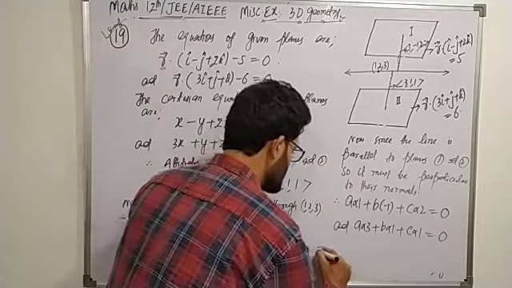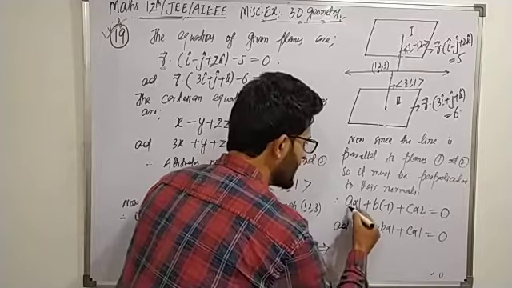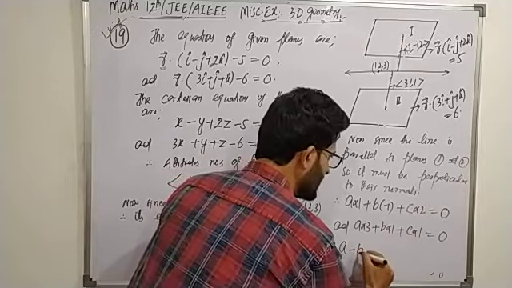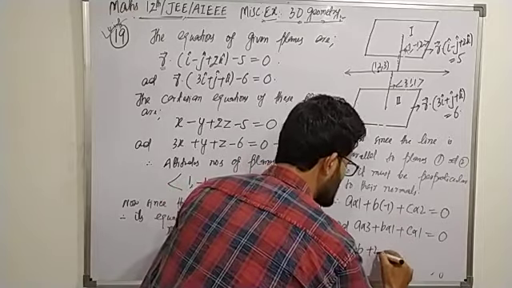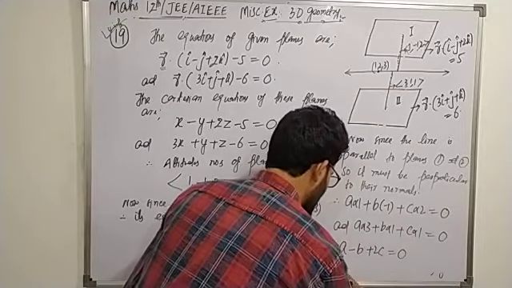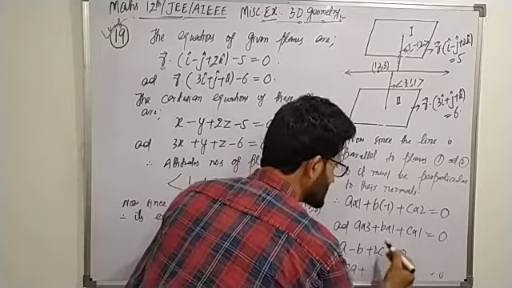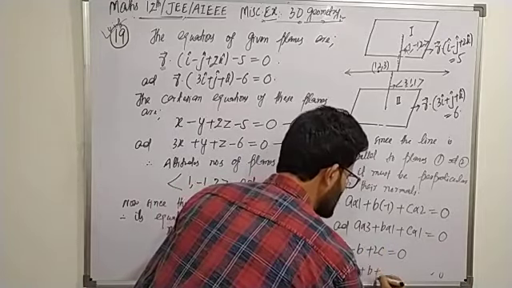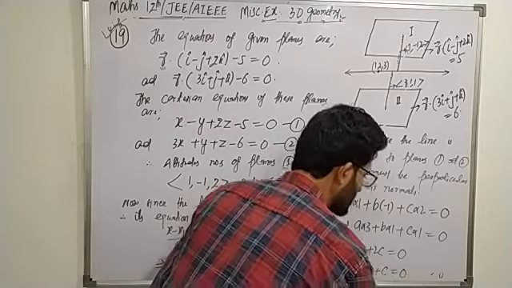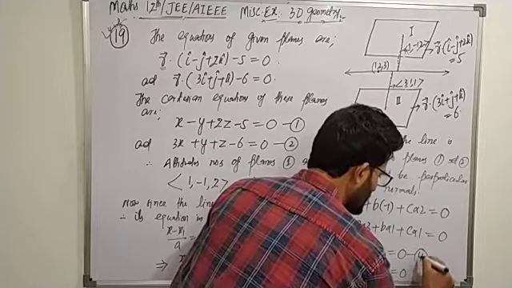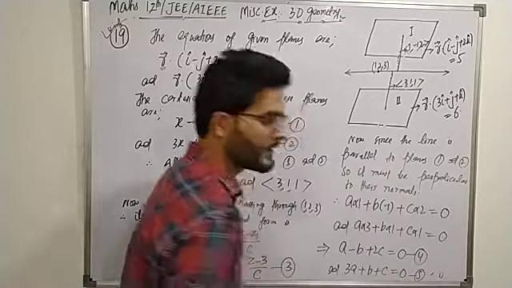This can be written as a into 1, that's a, b into -1, that's minus b, c into 2, that is plus 2c, must be equal to 0, and a into 3, that is 3a, plus b into 1, that's b, plus c into 1, that's c, must be equal to 0. We are keeping that as equation number 4 and this one as equation number 5.